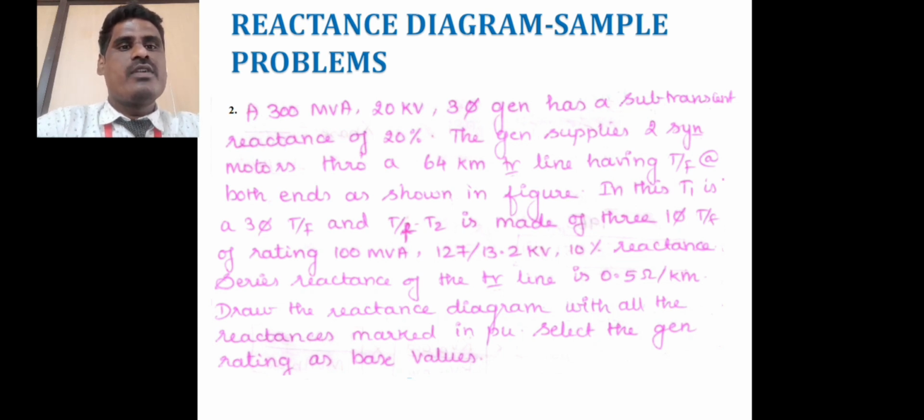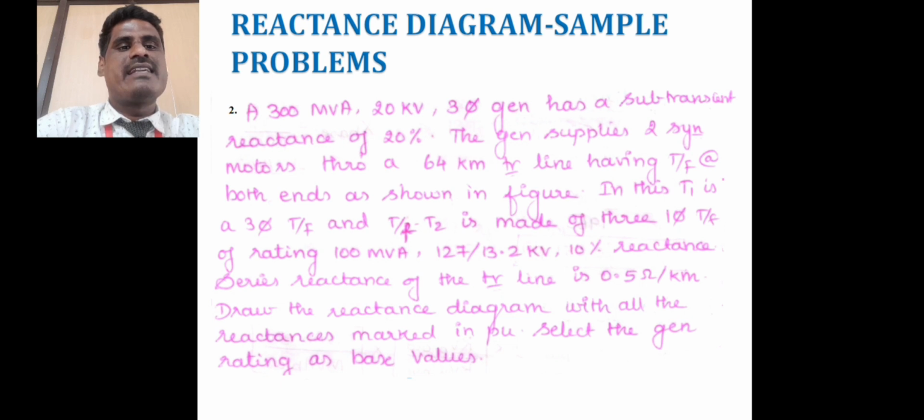In this, T1 is a 3-phase transformer and transformer 2 is made up of 3 single-phase transformers of rating 100 MVA, 127 kV/13.2 kV, 10% reactance. The series reactance of the transmission line is 0.5 ohm per kilometer. Draw the reactance diagram with all the reactances marked in per unit.